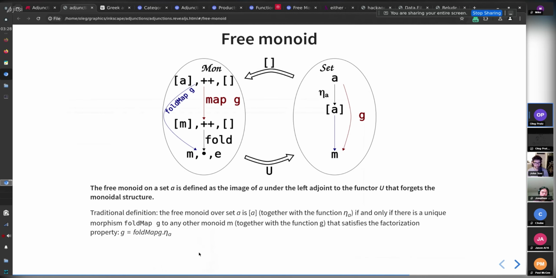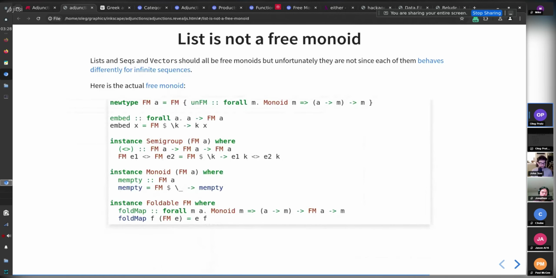But there's a problem. Lists are not free monoids, and the reason is that infinite lists, or infinite sequences, don't really work consistently. For example, an infinite list would work differently compared to an infinite vector, or no, infinite vectors don't even exist, right? And compared to an infinite Seq or a Snoc list.